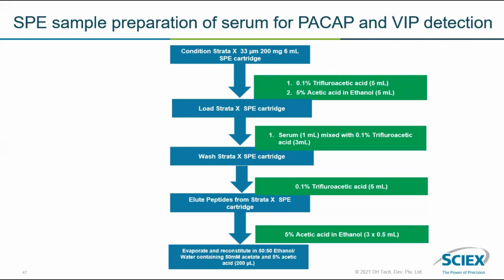Then we did washing steps with different buffers, and at the end we got a sample of around 200 microliter, and this serum sample was analyzed on the CESI-MS for further analysis. This is the workflow. It's a very simple workflow, and it takes very little time to analyze the serum samples.